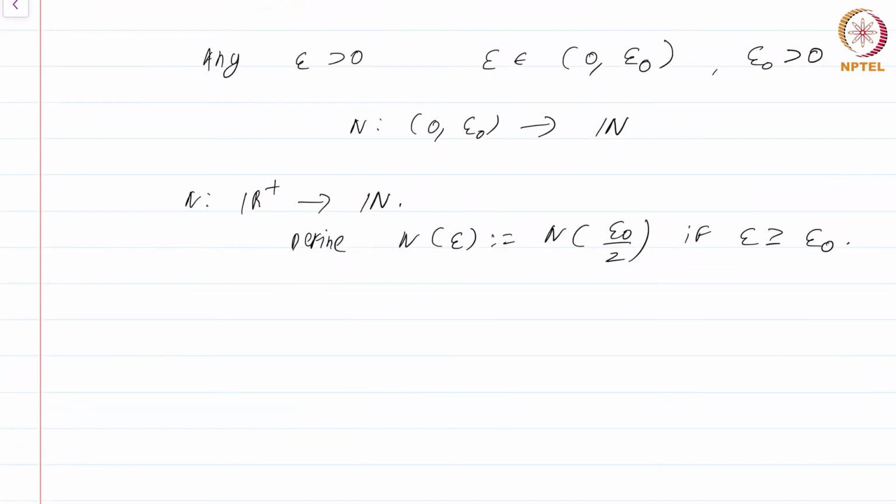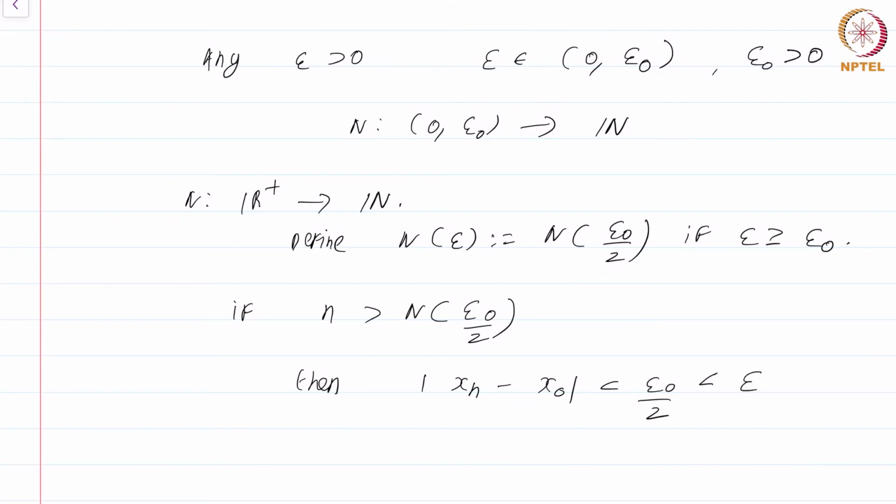Well, if small n is greater than N of epsilon naught by 2, then mod xn minus x naught is certainly less than epsilon naught by 2. But if epsilon is greater than or equal to epsilon naught, this is certainly less than epsilon as well. So the definition of convergence is satisfied for this new function N from R plus to N.